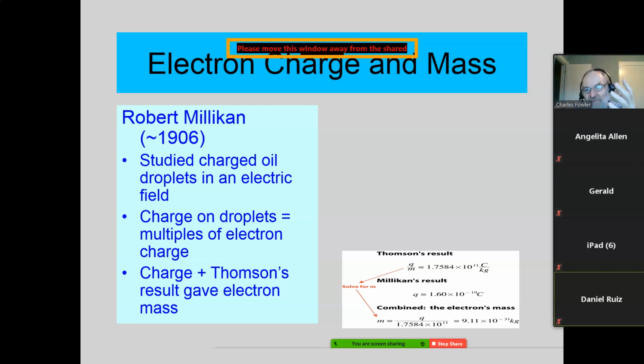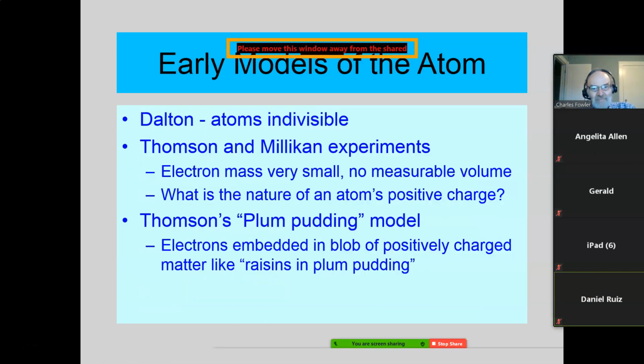So now with the combination of J.J. Thomson's charge to mass ratio and Robert Millikan's determination of charge, you are able to come up with an approximate mass for an electron. No one can ever put one on a scale, but you can come up with the approximate mass.